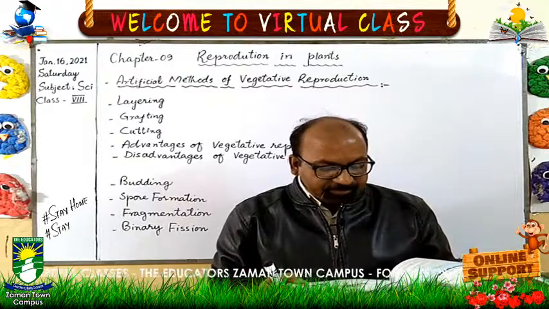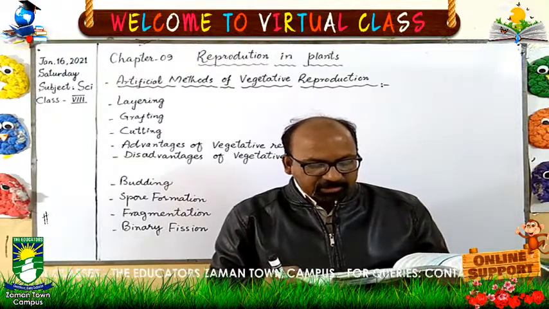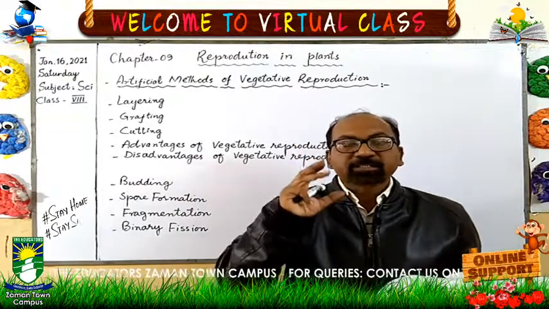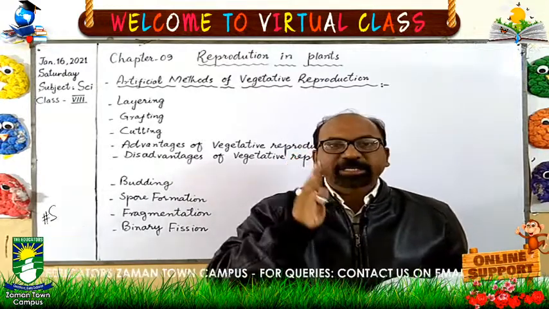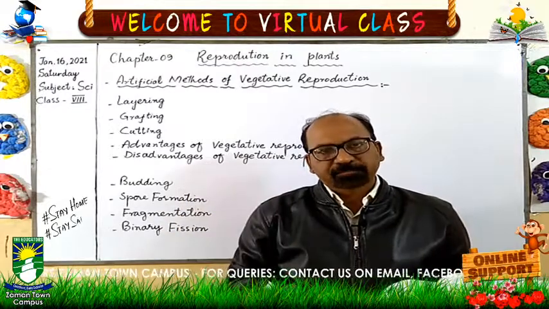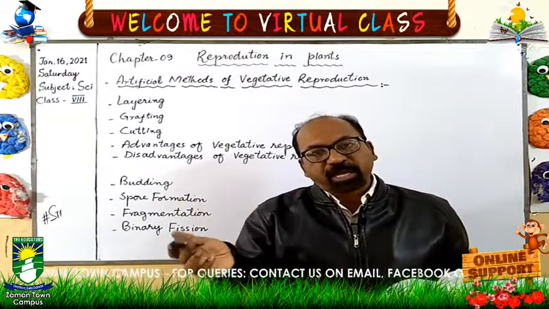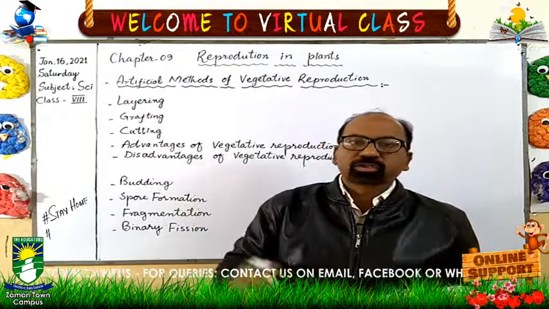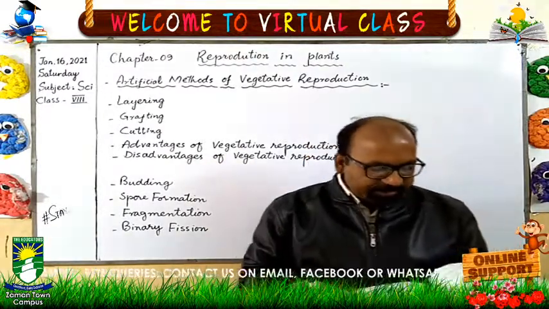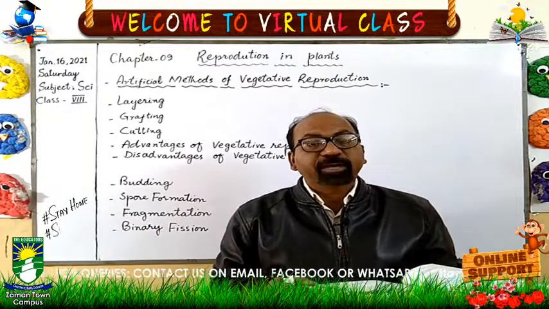Number three, sometimes the seeds produced are not viable or fit. Sometimes plants produce seeds, but these seeds are not fit to grow new plants. So for such plants, we can use the vegetative method. What do we mean by viable?